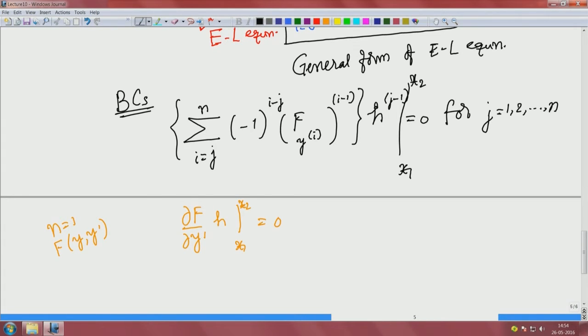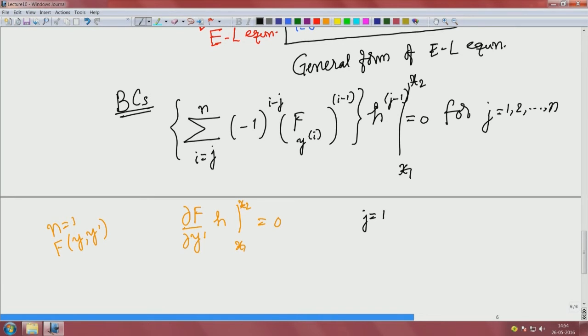So, what do you have here? When n equal to 1, you are going from j equal to 1. So, this is n equal to 1 here. First of all, I will have j equal to 1 to n. So, here I have j equal to 1 only, because that is the n also here. So, I will have only one boundary condition, which is this. Now I should go from 1 to 1, because j equal to 1 goes up to n, n equal to 1, 1 to 1 meaning only 1.